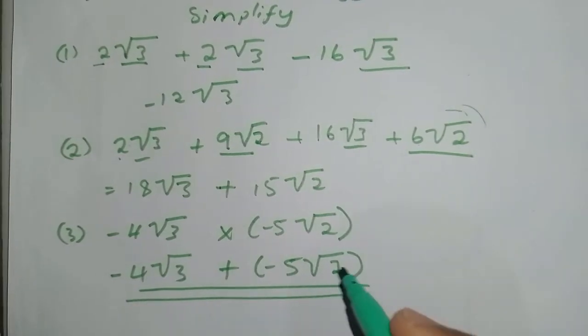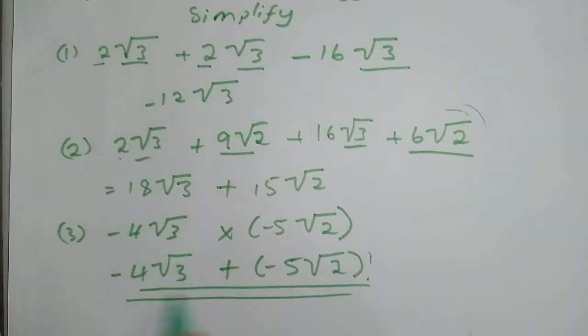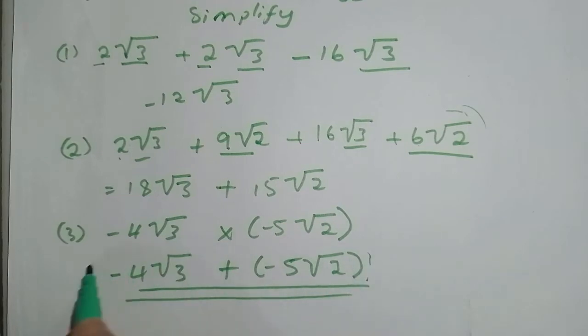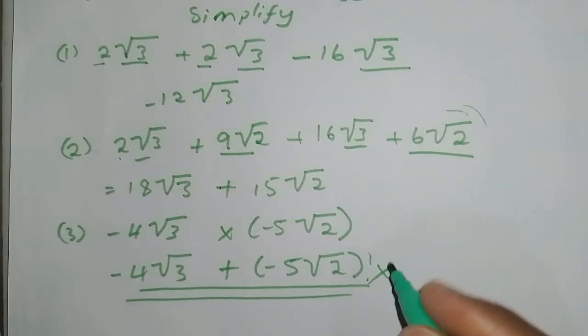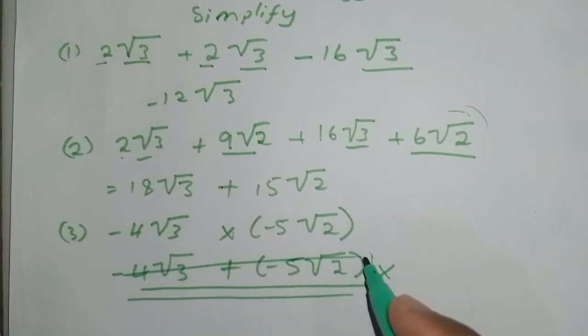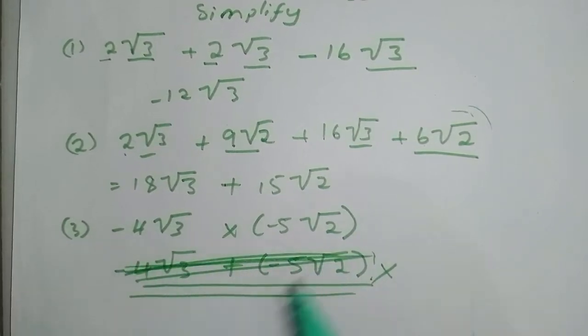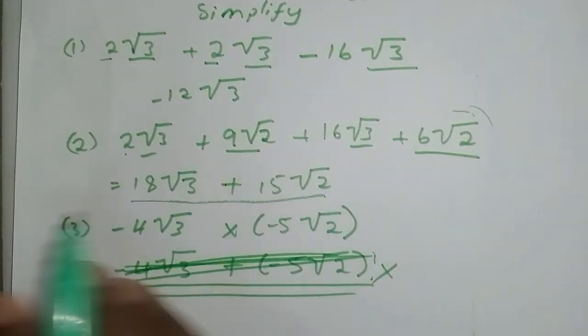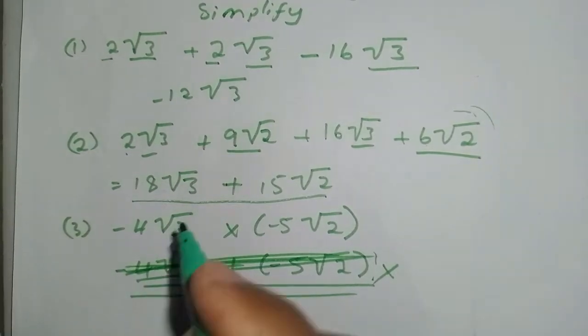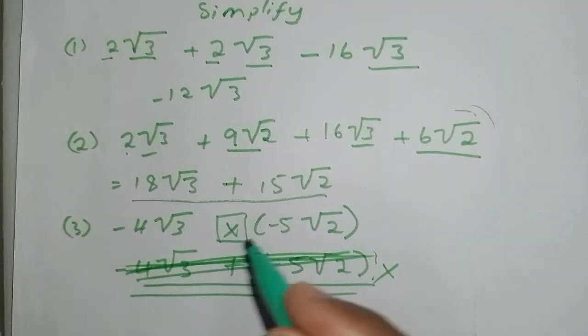You cannot further simplify this. This is as simple as you can write it. It's already simplified, right? It's like you trying to simplify this, and this is simplified. But because of the multiplication sign, this one you can simplify.